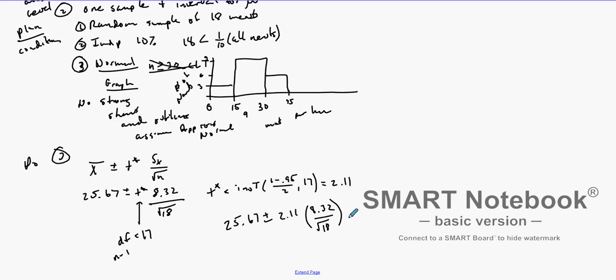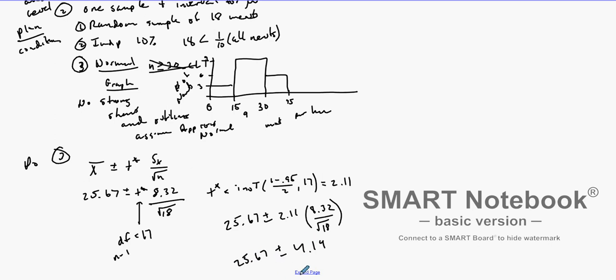Hopefully you're doing it on your own, or maybe you're fast-forwarding some of this. I got a margin of error of 4.14, rounded to 2 decimal places.